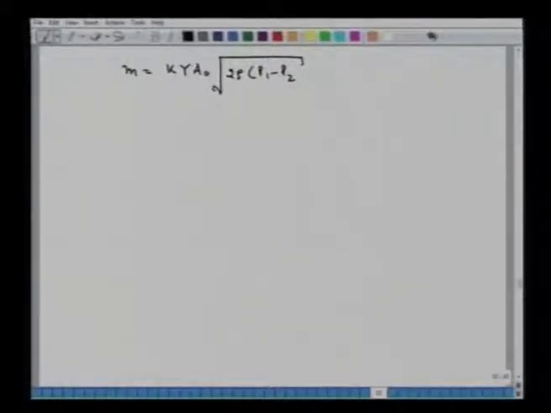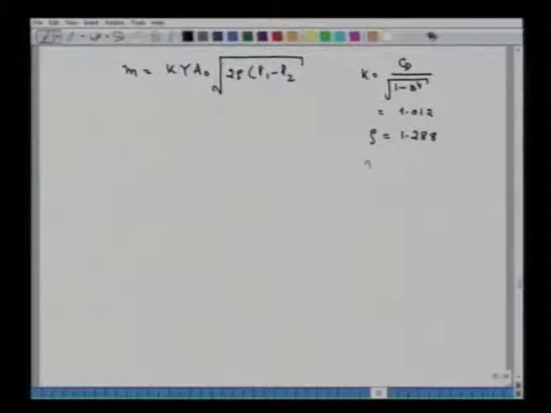Now, first of all we have to calculate the value of K. K straight away we can calculate. You know this formula, CD over square root of 1 minus b to the power 4. So, substitute the values. K will be equal to 1.012. Similarly, I can calculate the density also, that will come 1.288, you calculate yourself.